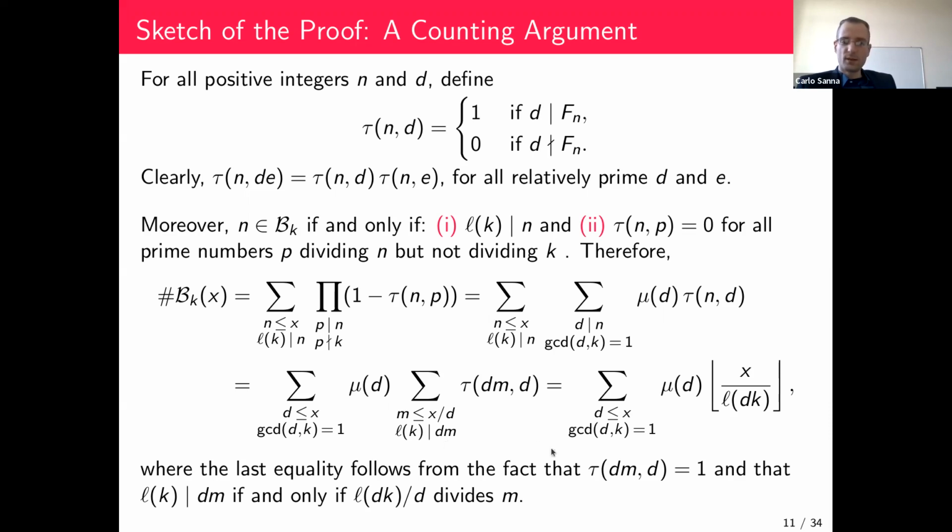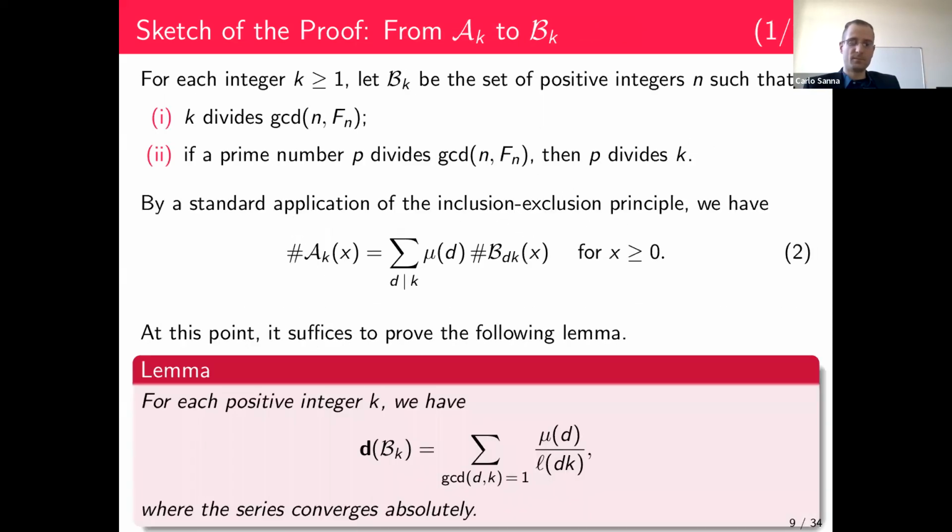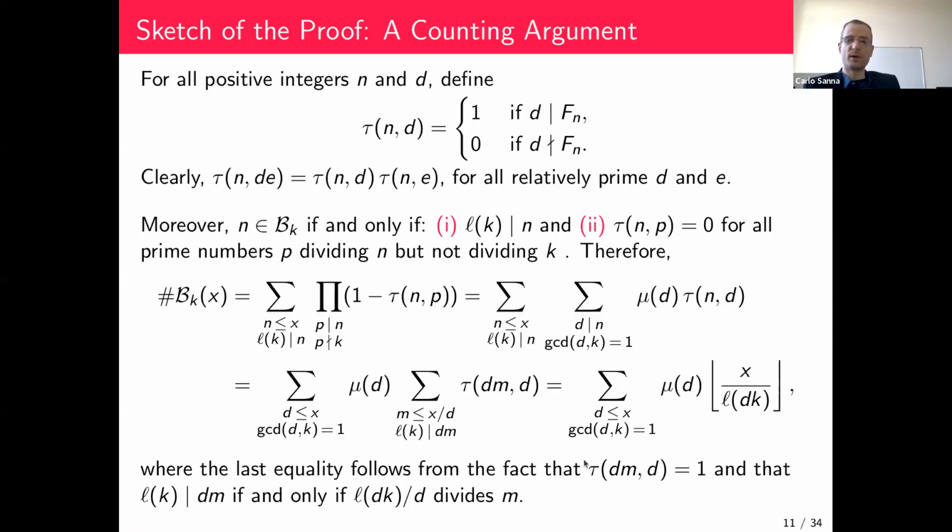And at the end, without going too much into details, essentially we get what we want, except for the fact that this is not an infinite series, but a sum up to x. And we have the floor function, but we would like to have, as in this lemma, nothing, just the ratio of the Mobius function and L_dk.